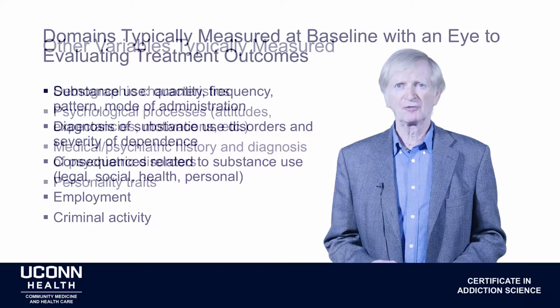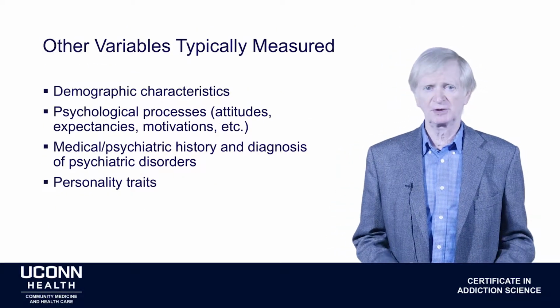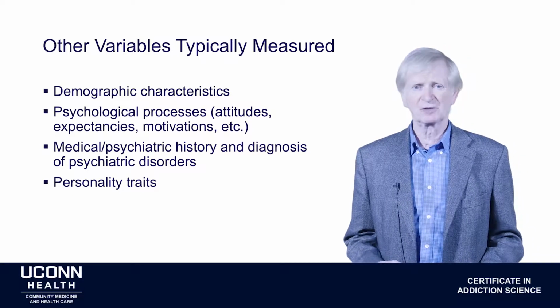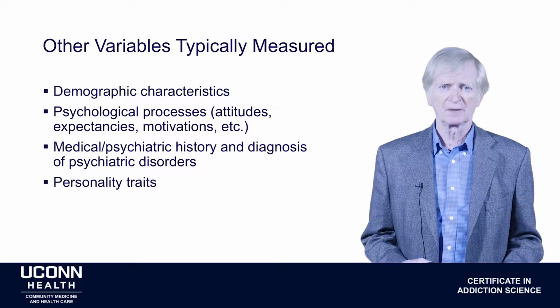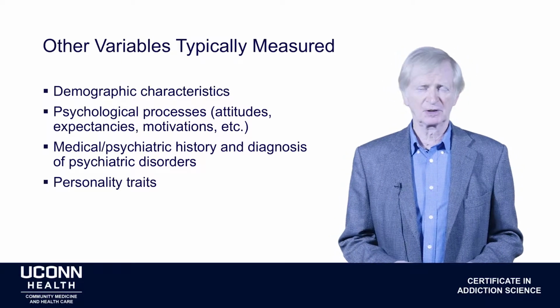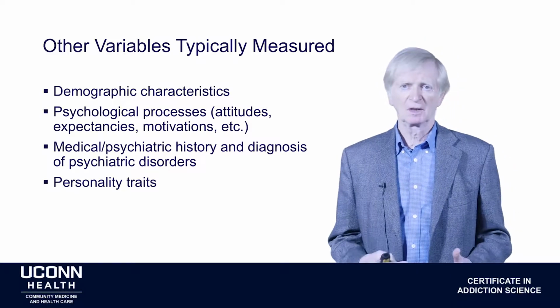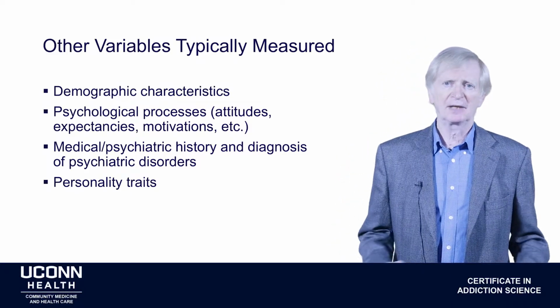There are many other types of variables that are measured because of their predictive value or because they need to be controlled for in statistical analyses. For example, demographic characteristics: age, sex, gender, employment, ethnicity.